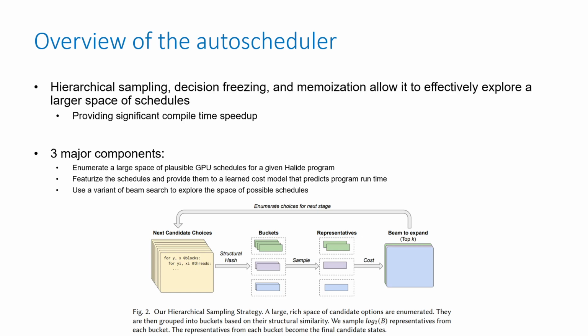And the major components of this autoscheduler start with the enumeration of candidates. You get a set of scheduling candidates, and then they apply a structural hash to place them into buckets. And from the buckets, you sample some representatives. This should be part of the hierarchical sampling. Then you featurize the schedules and use the cost model with a variant of the beam search algorithm to expand the scheduling primitive chain.